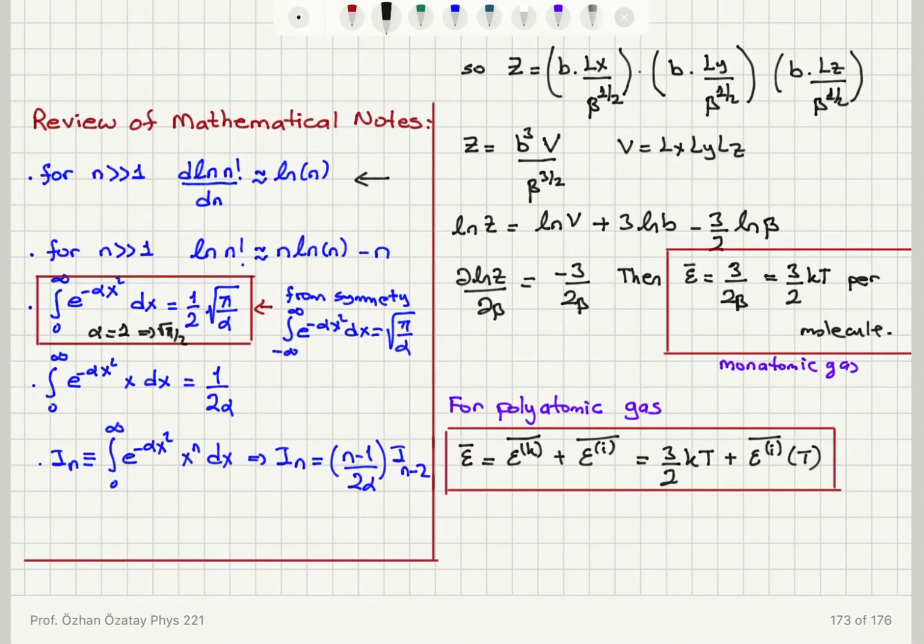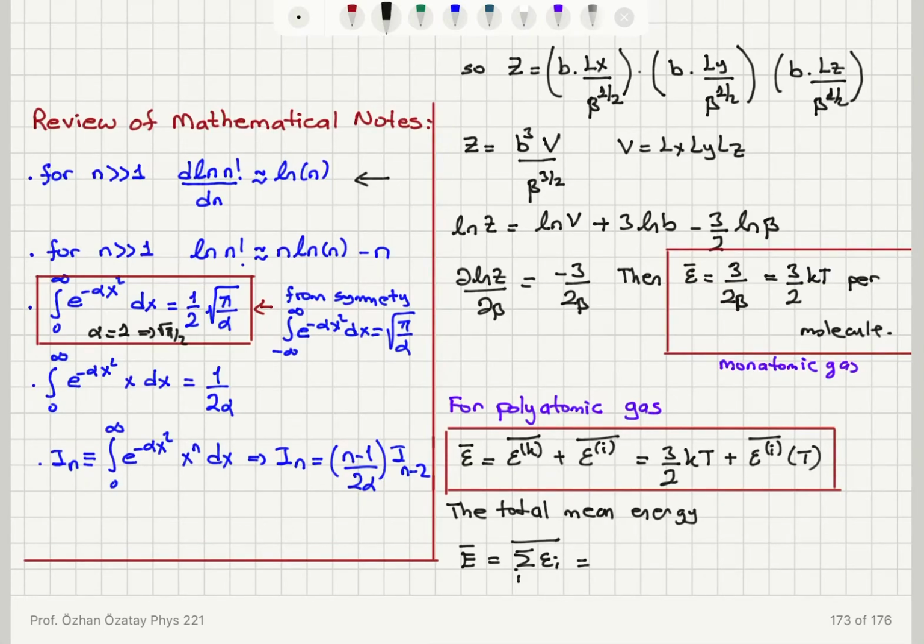And the total mean energy, if I want to know the total mean energy of the full gas, will be capital E bar, that is the sum over all energies of molecules, mean value.